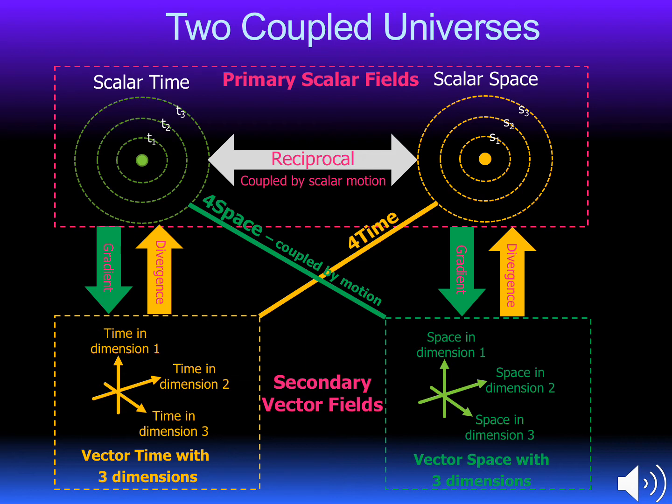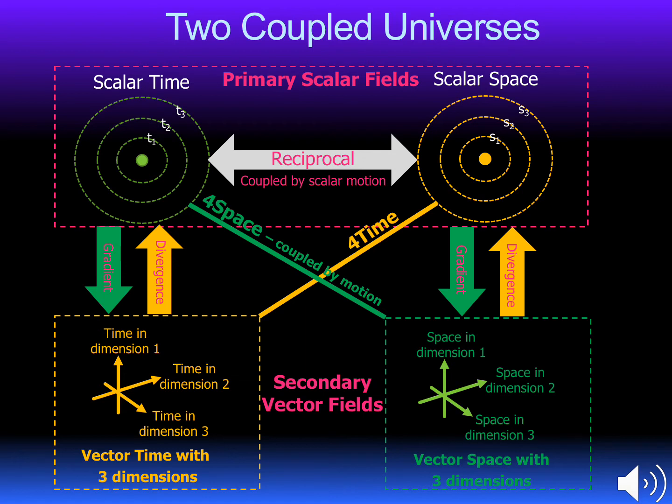So now in the slide from the previous one, we had seen that these two were linked together and the reciprocity was between scalar time and scalar space going diagonally. Here we see that the diagonal is linking these two components of our space-time, vector space and scalar time, to create our universe that we're familiar with, and then the other side would be vector time and scalar space, which would create this alternative coupled universe.